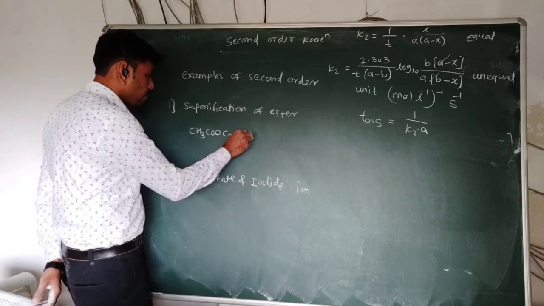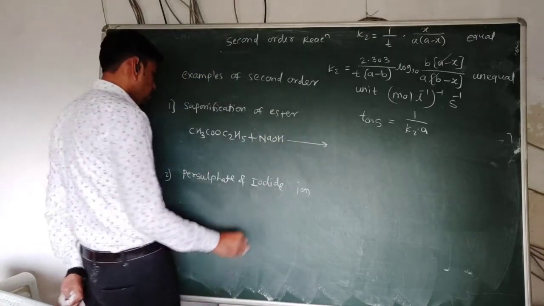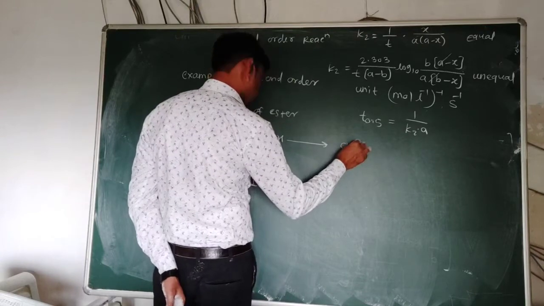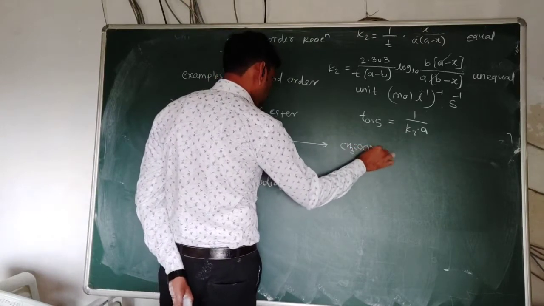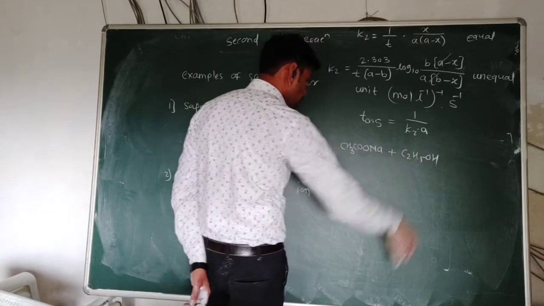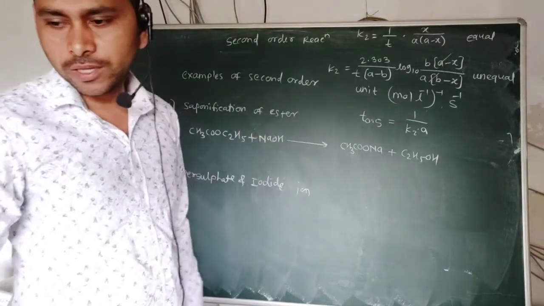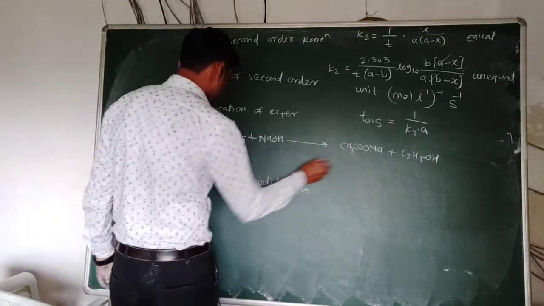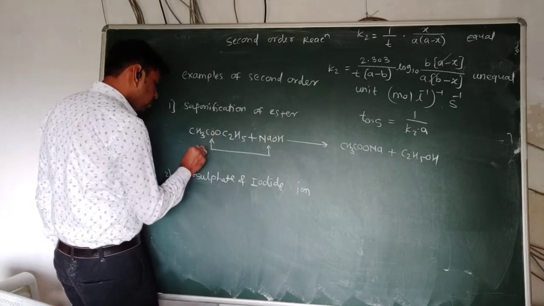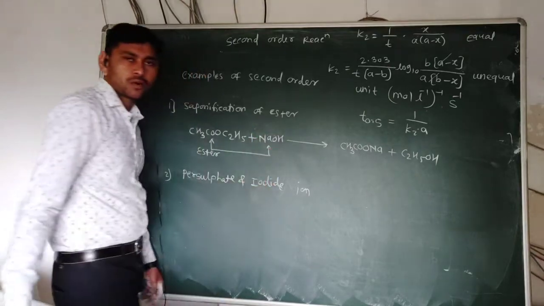In saponification of ester, ethyl acetate, when treated with NaOH, forms the sodium salt CH3COONa plus C2H5OH. In the saponification of ester, the rate of reaction depends on the concentration of both the ester as well as the alkali NaOH, sodium hydroxide.